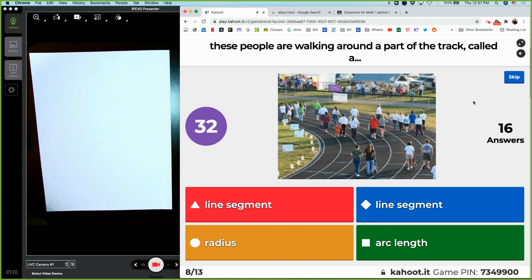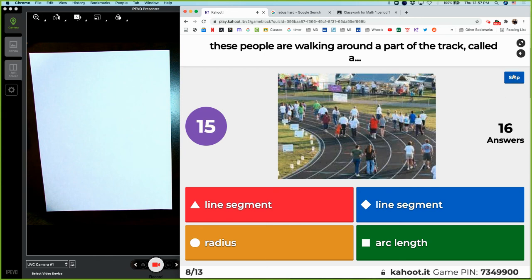All right, what are they walking around? All right, that's enough thinking. Take a guess if you don't know.